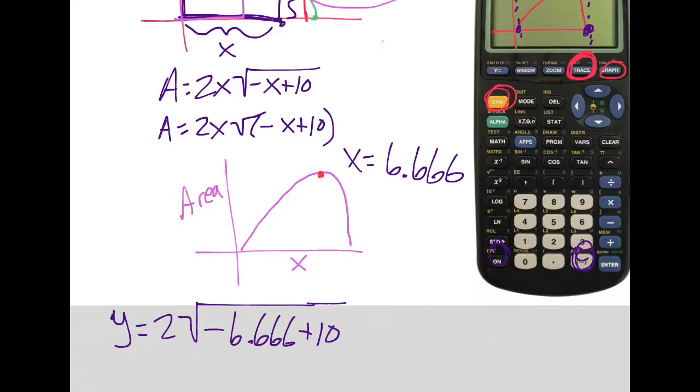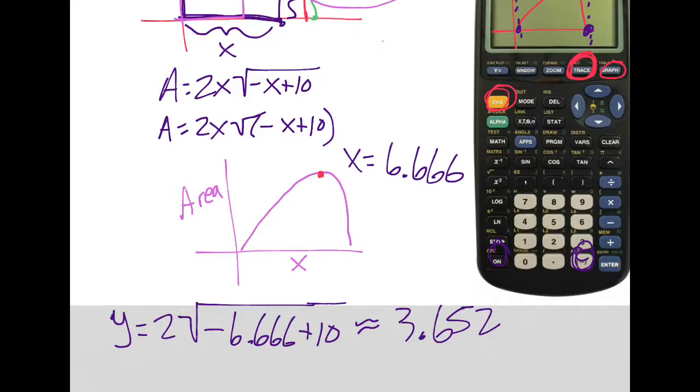We're just plugging back into that original equation to find that y is roughly 3.65. If you used 6.666, it will say 3.65148, which you would round to 3.651. But if you use the exact value and just type the x that's stored after finding the maximum value, you get 3.65148, which would not be rounded.